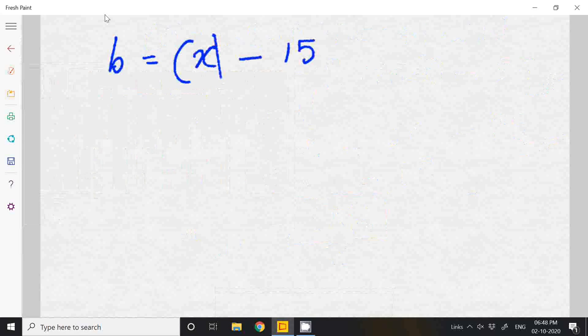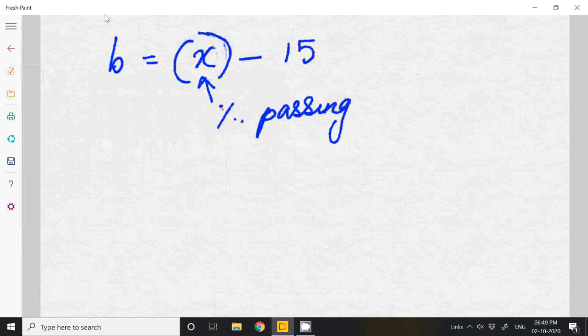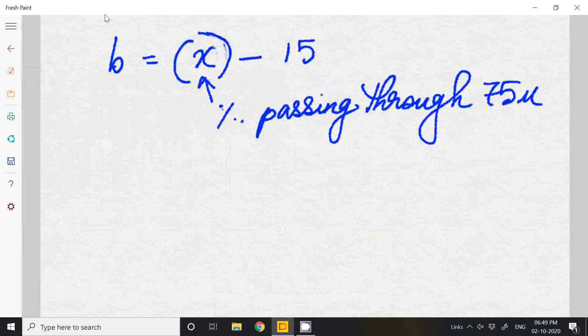X is similar to what we got for A: the percentage passing through 75 micron sieve, and whatever we get here we write as X. When we subtract 15, we get the value of B.